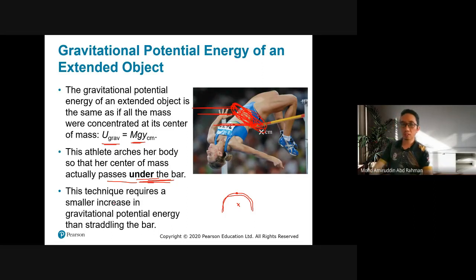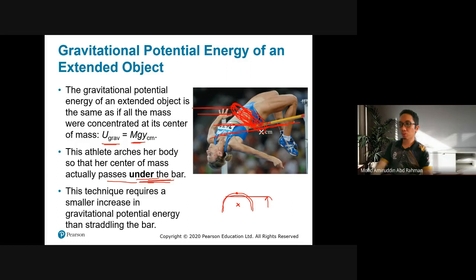So whenever she jumps like that, this technique only requires a smaller increase in gravitational potential energy than straddling the bar. It just needs to increase the center of mass in order to pass through the bar.